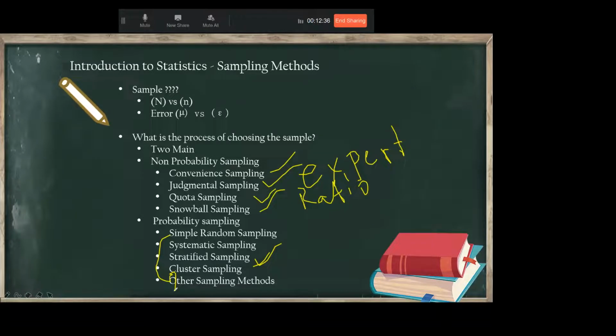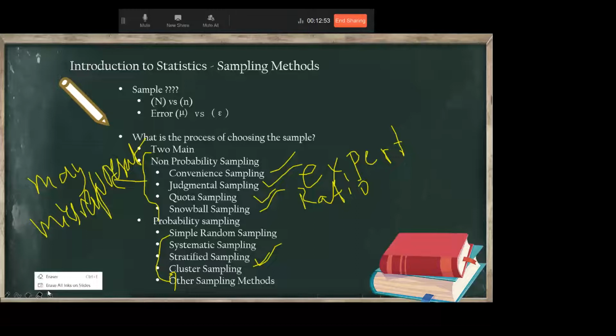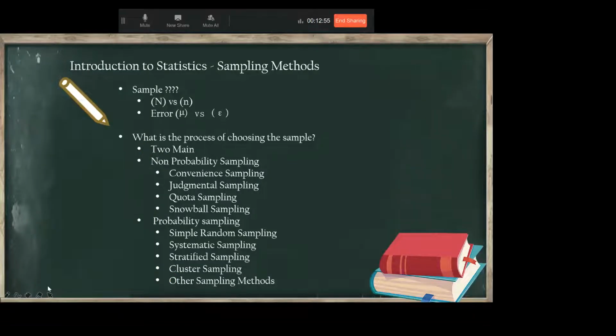Now, one thing about non-probability sampling: there are greater chances that it may misrepresent the data, right? That's the problem with non-probability sampling. So you have to be very careful when you are deciding which sampling to choose.